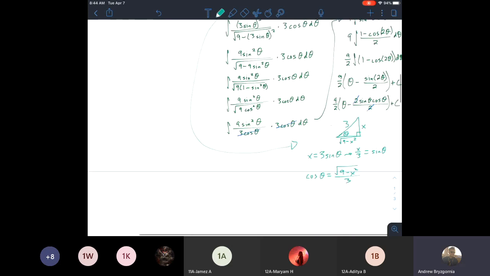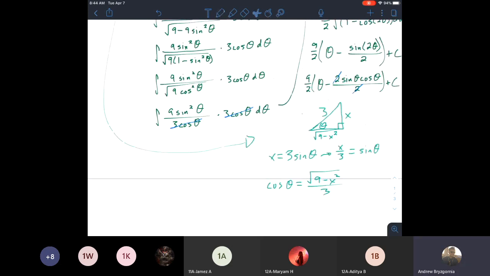So I'm going to go back to the sine equation. I'm going to give myself a little bit more room here. And what we're going to do is just take the arc sine of both sides. So theta ends up being arc sine of x over 3. And finally, we have all the substitutions necessary to get to our final answer.